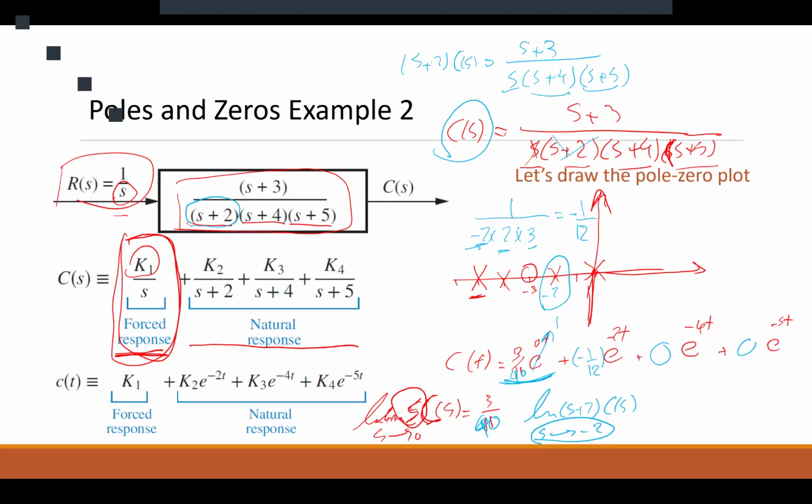So the coefficient of the term related to the pole at minus 2 is going to be minus 1 over 12. Are we good? Again, you can find the coefficients of e to the power of minus 4t and e to the power of minus 5t in a similar way. Any question?